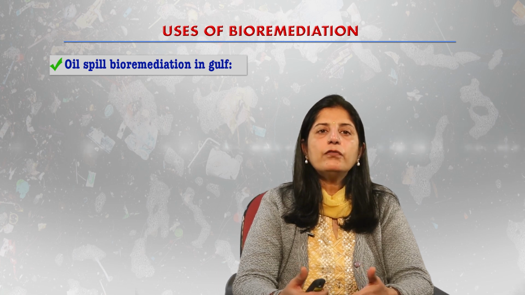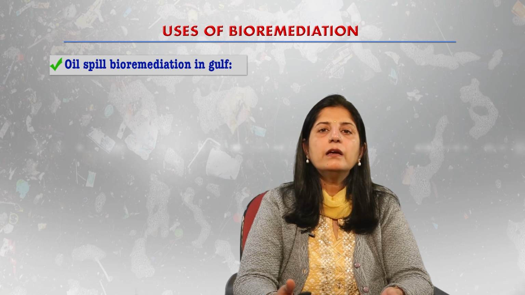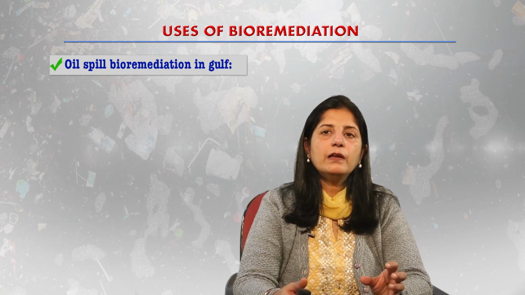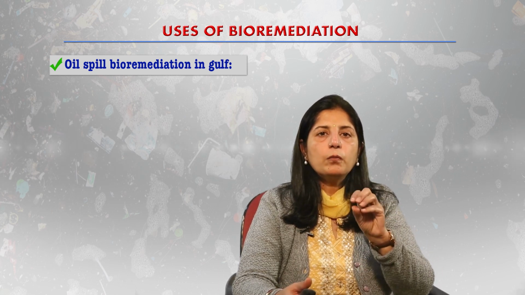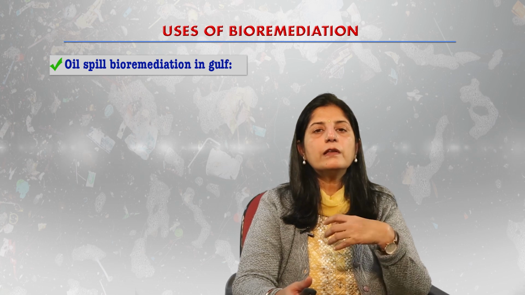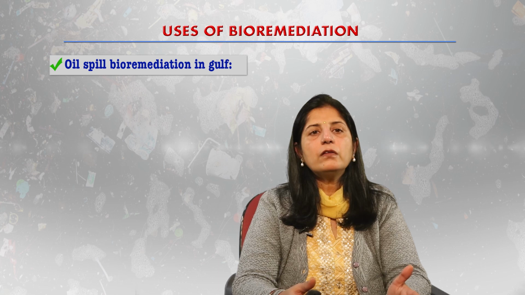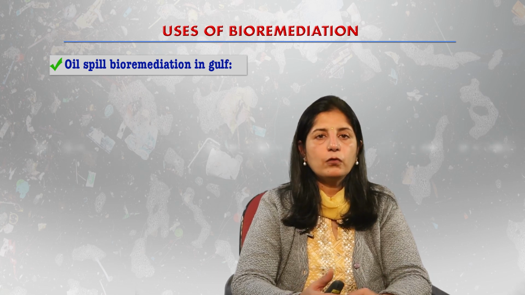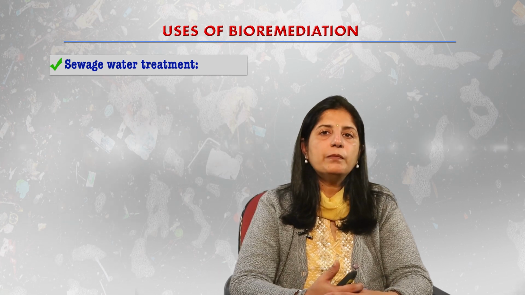However, in the case of massive oil spills, biostimulation is done by adding dispersants. What are these dispersants? They break or disperse the oil into small droplets, so as a result they are easier for bacteria to handle, and these dispersants also act as a source of energy for these microbes.